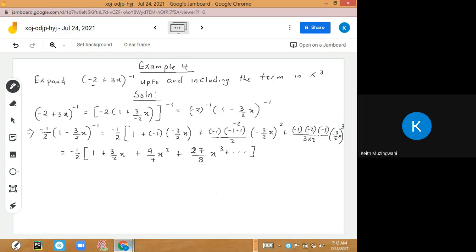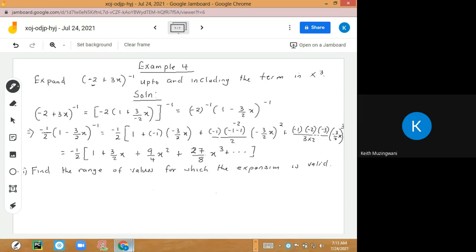And then let's find the range of values for which the expansion is valid.